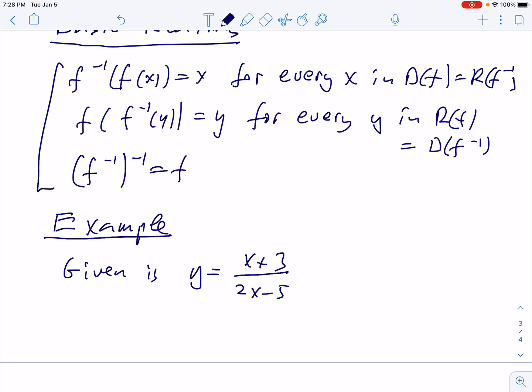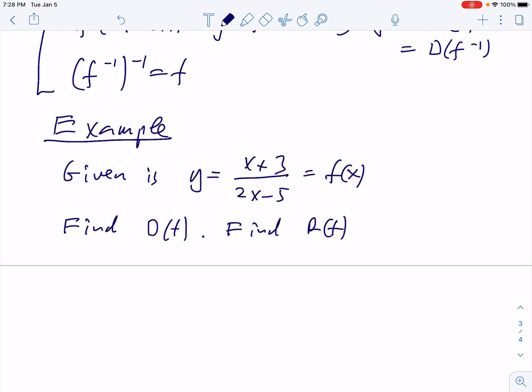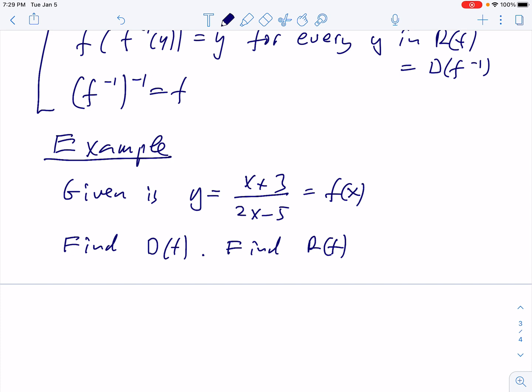And the problem is this. Find the domain of this function. So that function is f of x. Find also the range of this function. And find the inverse.